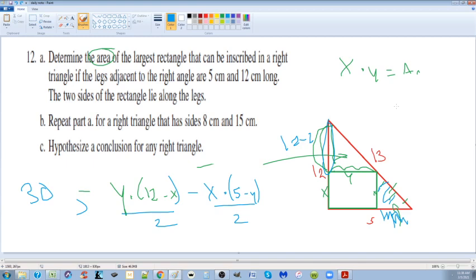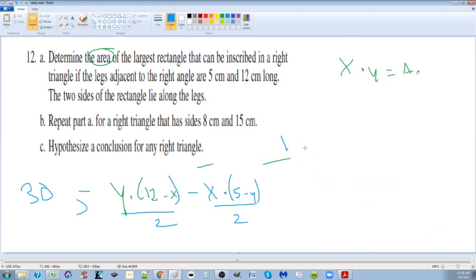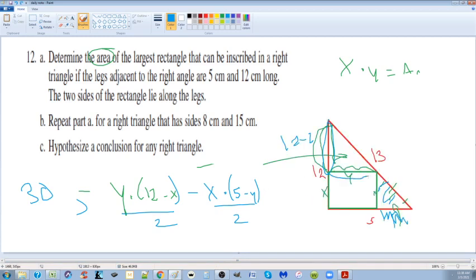We know that 30 minus the little triangles is going to be equal to the area of the box. We also know the area of the box is equal to x times y. So all this is going to be equal to x times y. Do I end up with... I need an expression for y that's different. So I need an expression here.